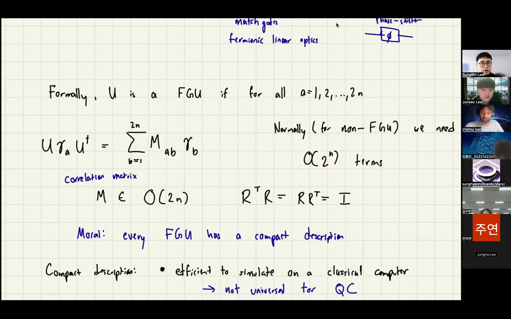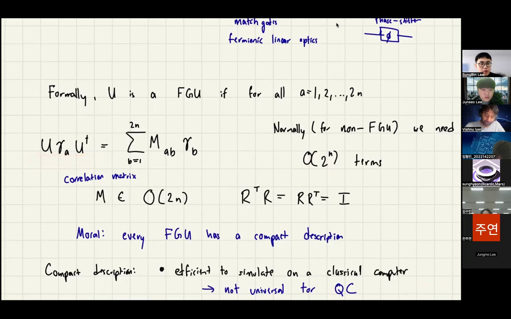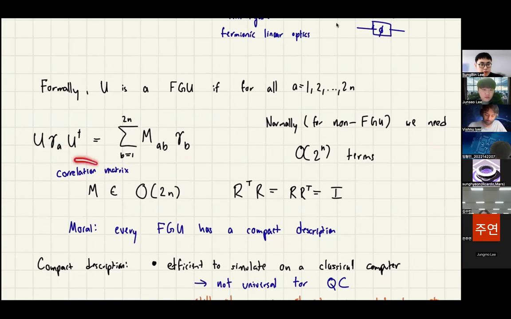It tells you how you go from one Majorana operator to a linear combination of the other Majorana operators. So this contains all the information about the fermionic Gaussian unitary, okay?